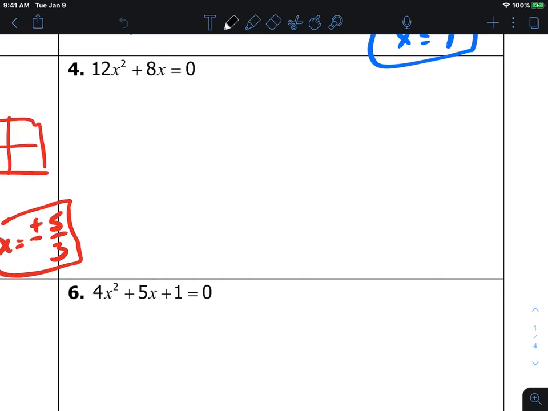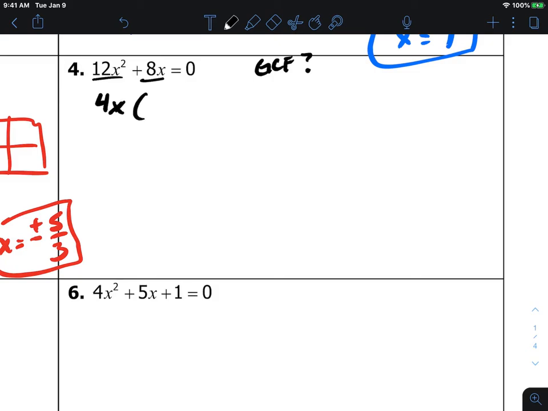All right, so 12x squared, 8x, 2 terms. Remember the first rule of factoring? Can we find a GCF? So 12 and 8, who's their biggest common factor? Is it 2? No, 2 is not the biggest. Is it 8? No, 8 doesn't go into 12, but it's what? 4. And what else goes into that? Also an x.